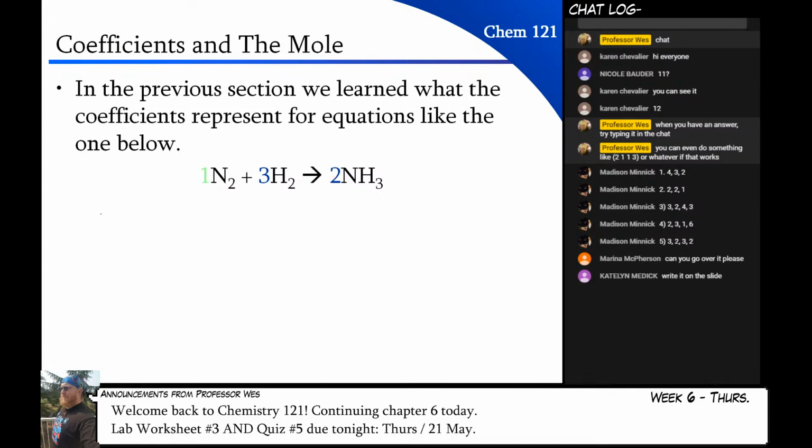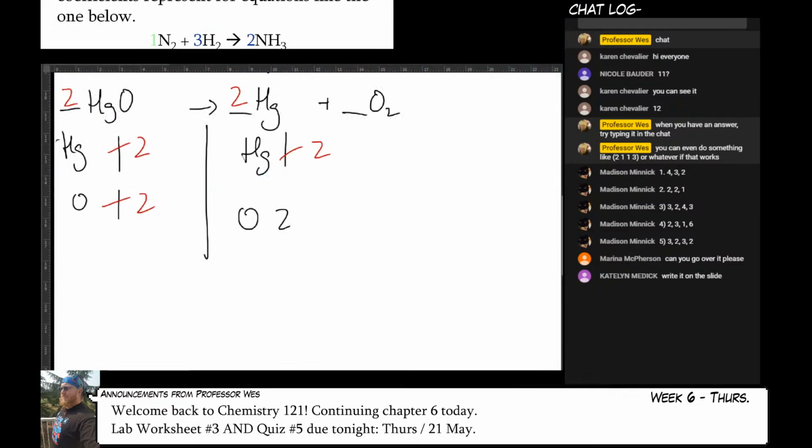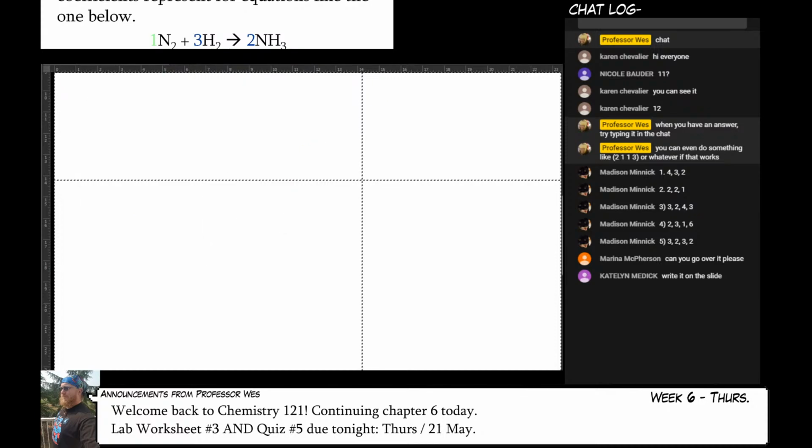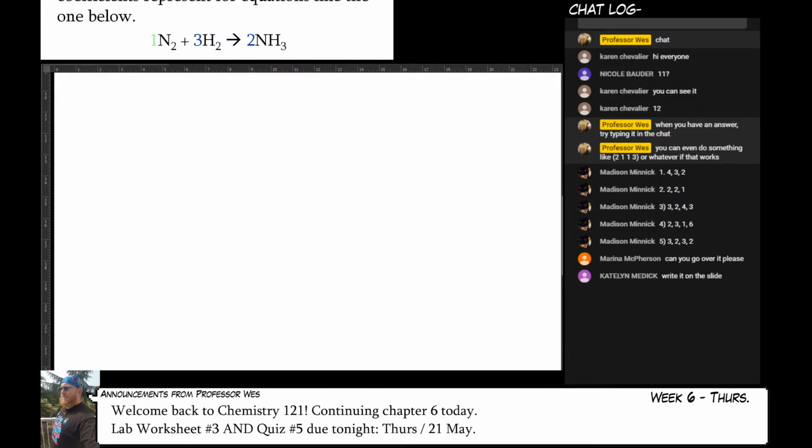Now, I could actually take this reaction and create statements like the following. Oops, my Photoshop didn't actually come up. All right. For this reaction, I could make statements like the following. For every N2 I react, I need 3 H2.